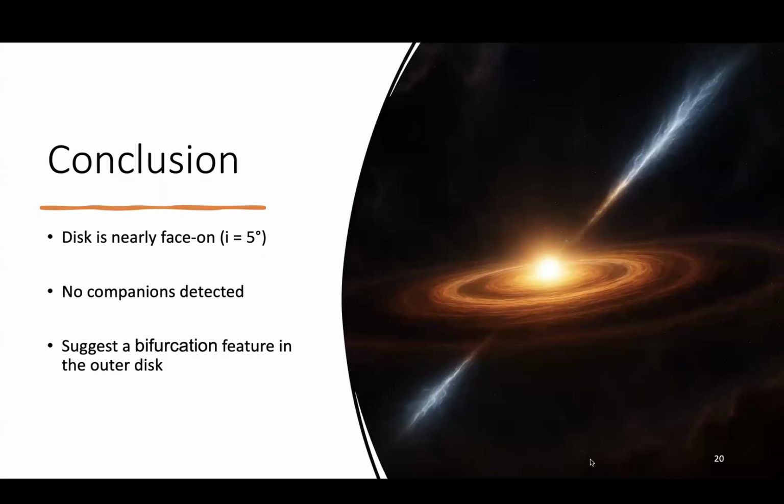I mean, it's relative. People have different ways of doing it. My convention is to usually just measure an angle from north to the first disk ansa you see, so like the major axis. Yeah, so you're fitting an ellipse.